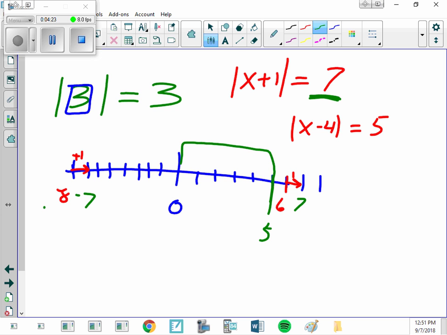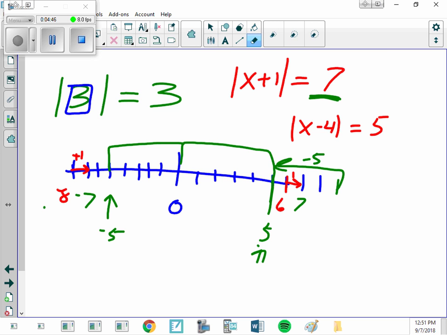This is where I want to land after I subtract 4. So what number minus 4 is +5? 9. So this is a 9. If I go left 4, I end up at a number that is 5 units away from 0.